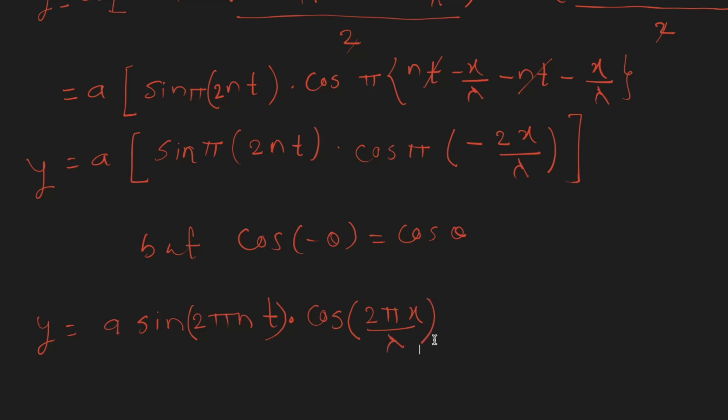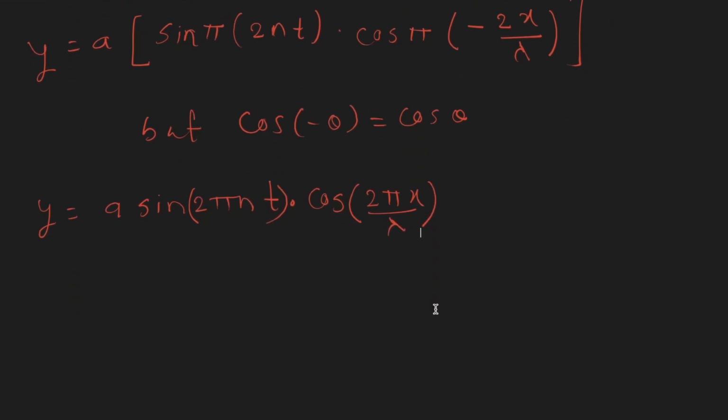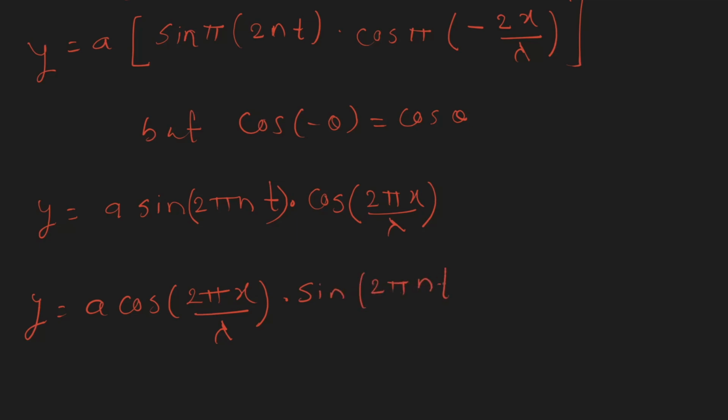Therefore if we take a here, cos 2 pi x upon lambda into sine 2 pi nt.